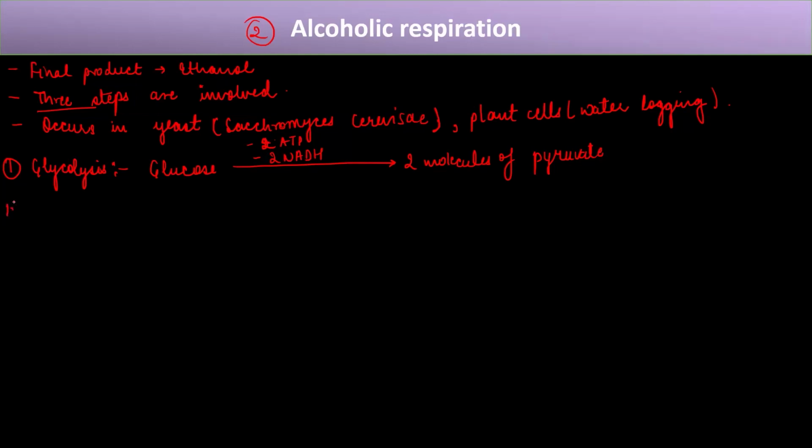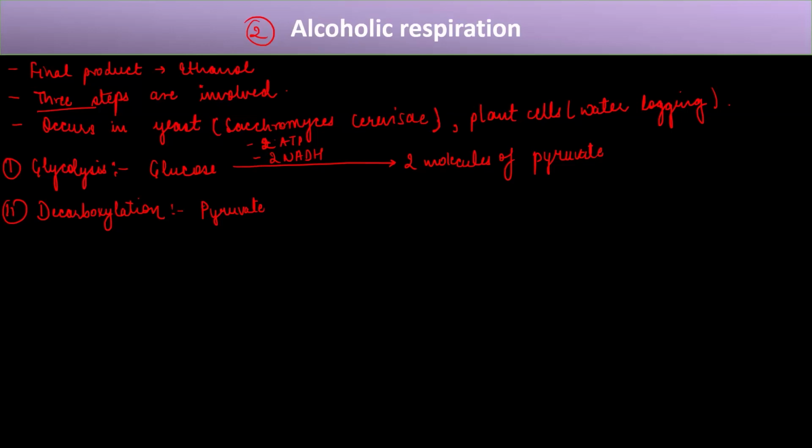Now, the second step that is involved here is known as decarboxylation. Now, what happens in decarboxylation? The 2 molecules of pyruvate undergo decarboxylation, meaning removal of the carboxyl group, right?